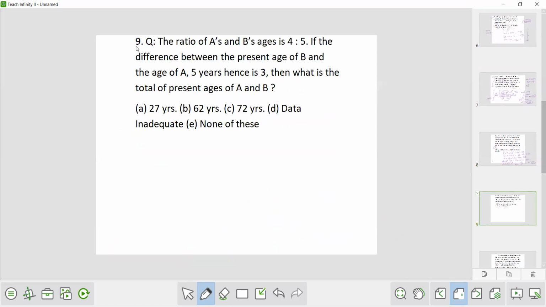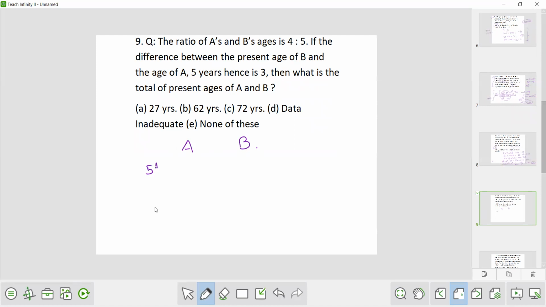Okay, the next question. The ratio of A's age and B's age is 4:5. If the difference between the present age of B and the age of A 5 years hence is 3, then what is the total of the present ages of A and B? Okay, here is your A, here is your B. The time frame is 5 years hence and at present.